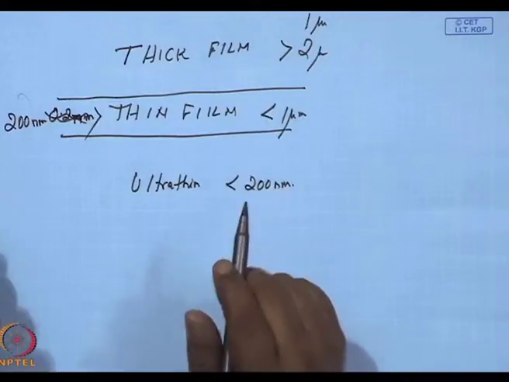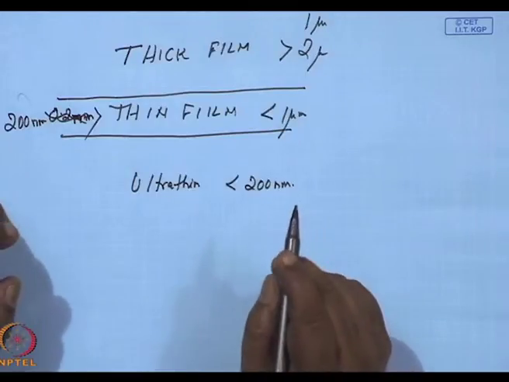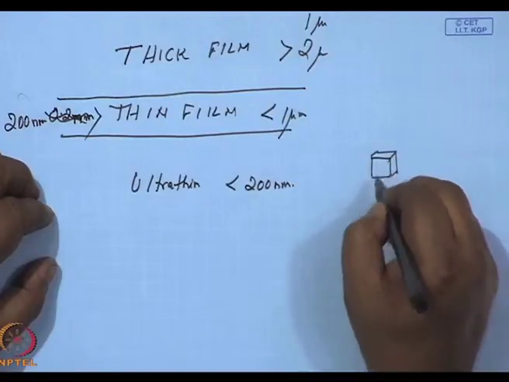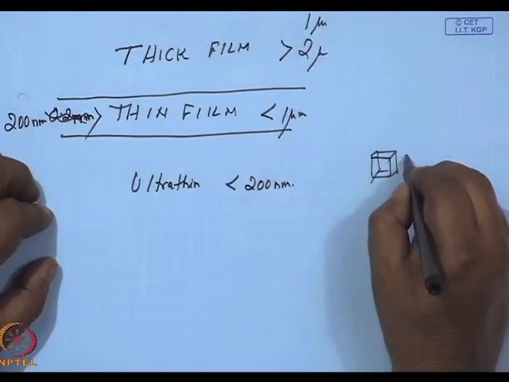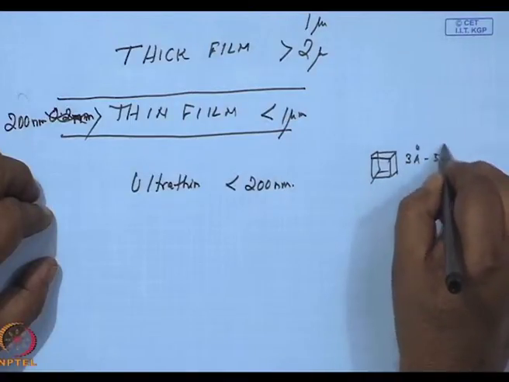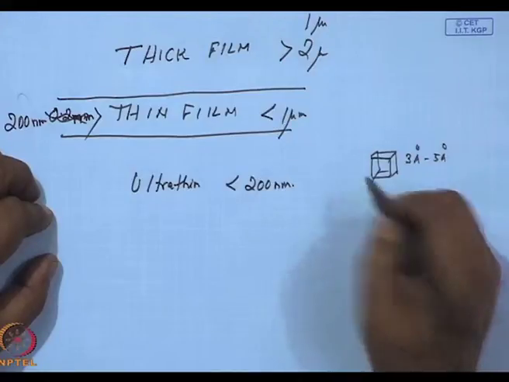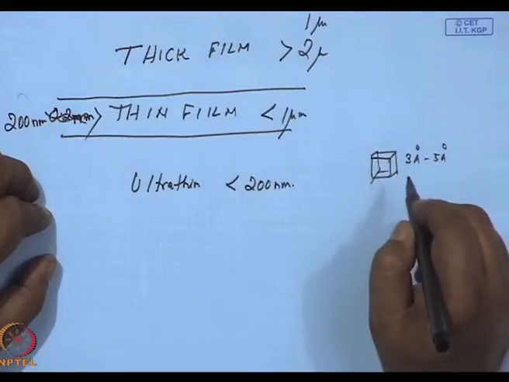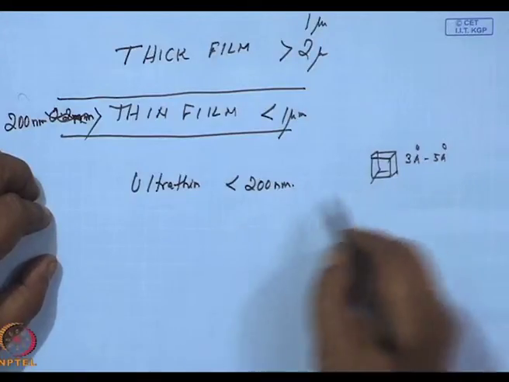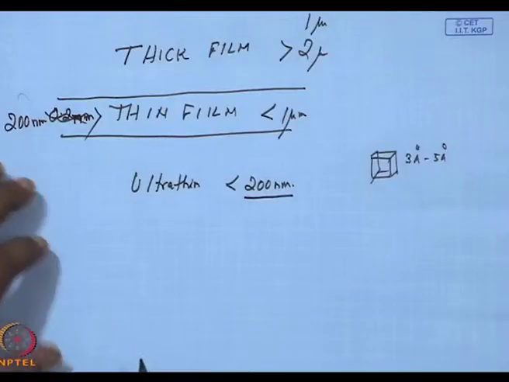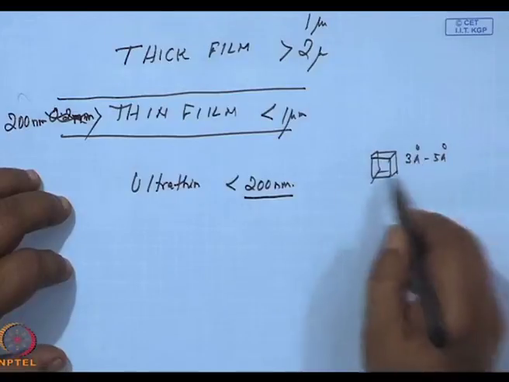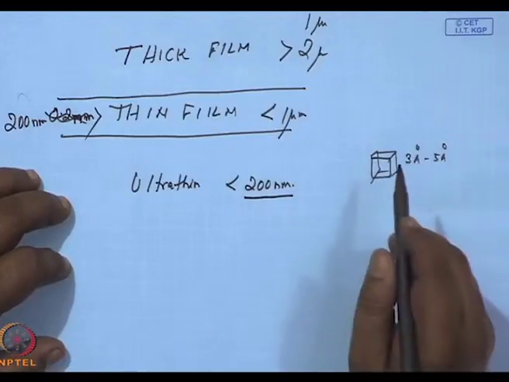To give you a rough idea, let me put it this way: an average lattice size of any compound is in the range of 3 angstroms to 5 angstroms, maybe larger, smaller. So, in this 200 nanometer thin film, how many lattices will come in?